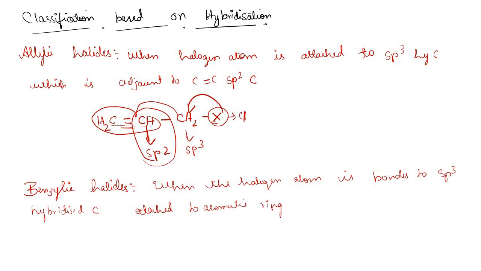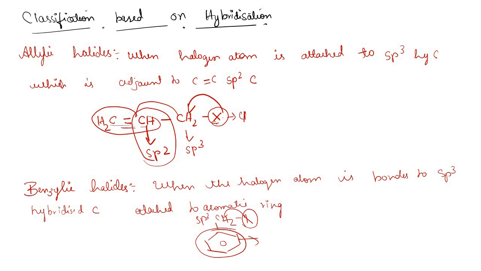For example, you take a benzene ring with CH2X, where X can be any halogen. So this is a halogen atom attached to an sp3 hybridized carbon attached to the aromatic ring. I hope it's clear.